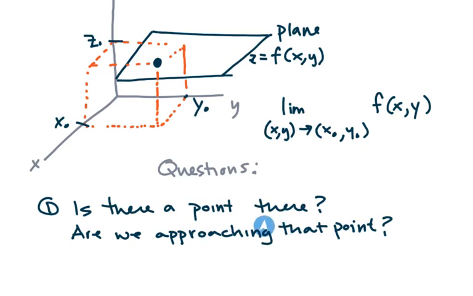And so by is there a point there, we're saying, is that x naught, y naught point defined on that plane? And then are we approaching that point, or can we be approaching that point? The other question we would then lead to would be how many paths?